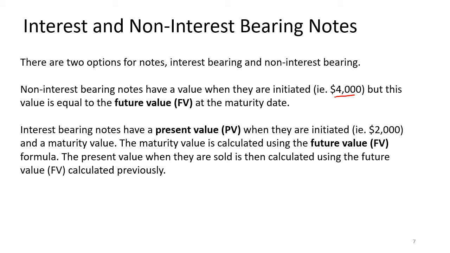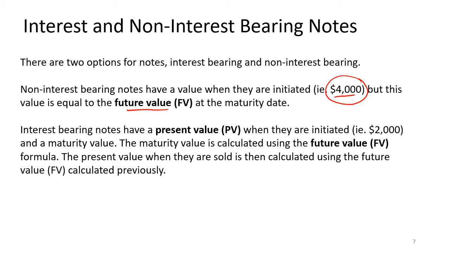So it is the future value. The name implies there's no interest involved, but all it's saying is there's no interest value on the face of that note. The interest is calculated within the total value, in this example $4,000.